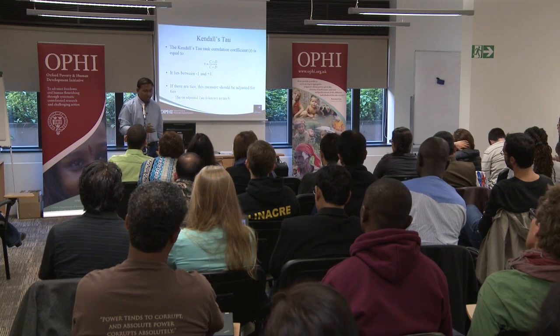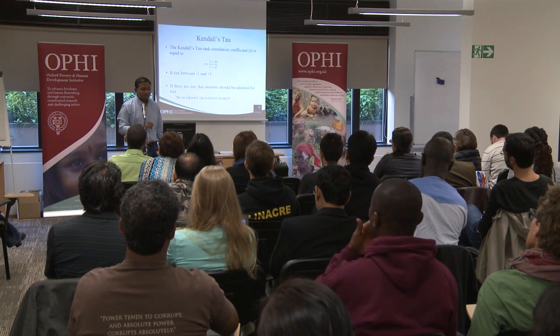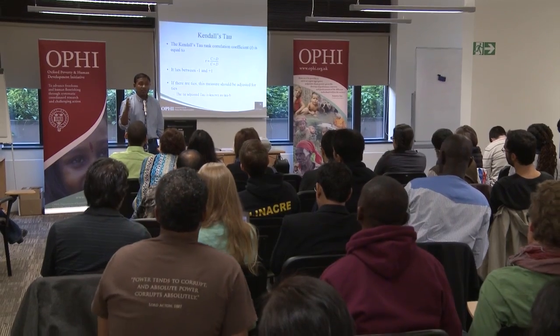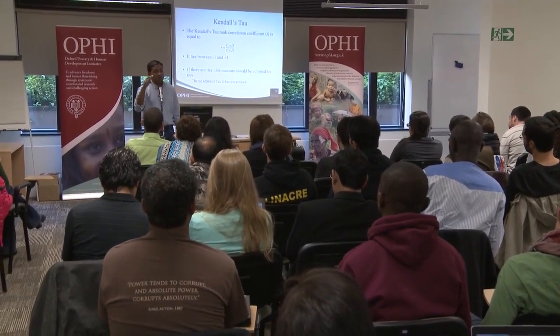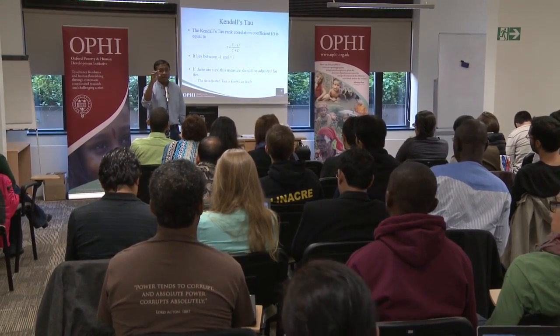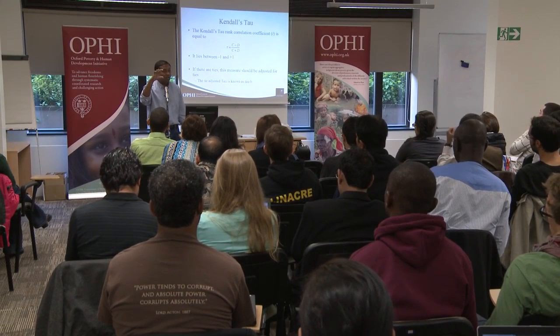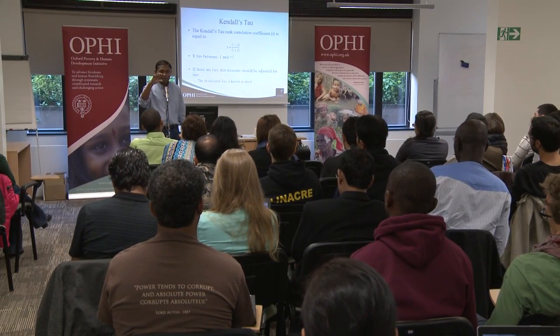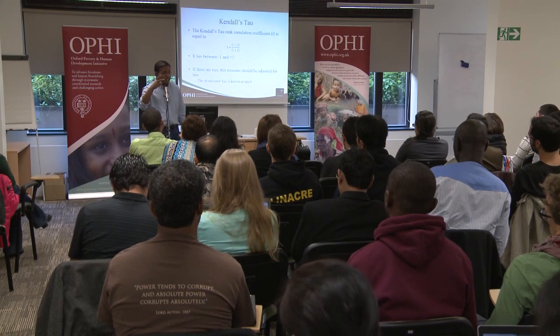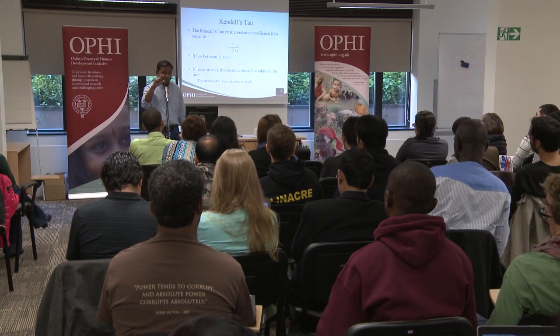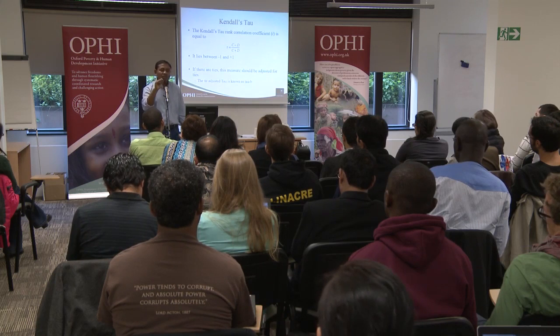And of course, some adjustment can be made if you have ties of rank. For continuous variables, M0 can take any continuous value between 0 and 1, so it's highly unlikely that you are going to have ties. But even if you have ties, it can be adjusted with the option called tau b.